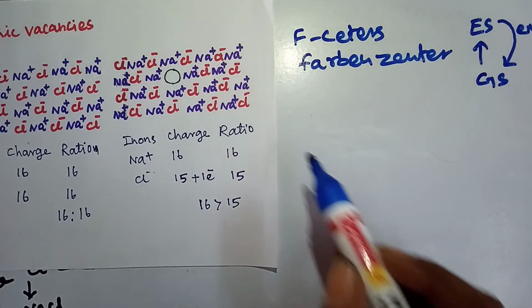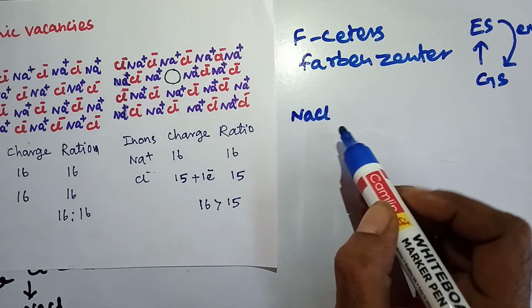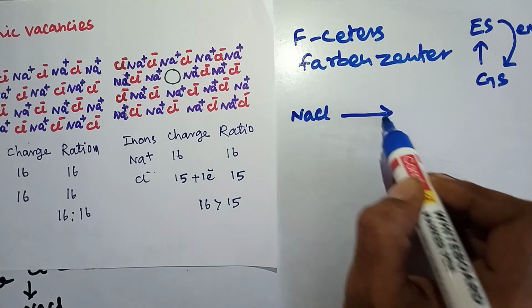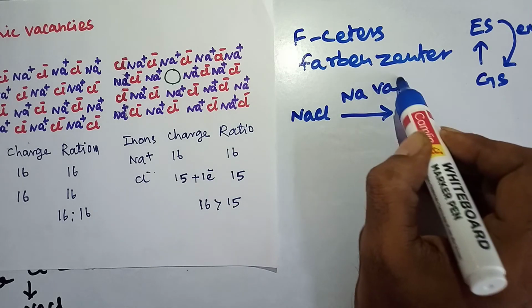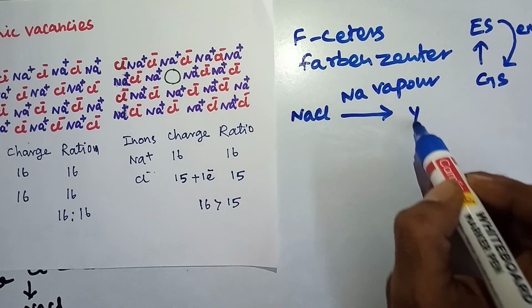Sodium chloride, NaCl, is white in color at room temperature. When we heat it in a sodium vapor atmosphere, it is yellow in color.